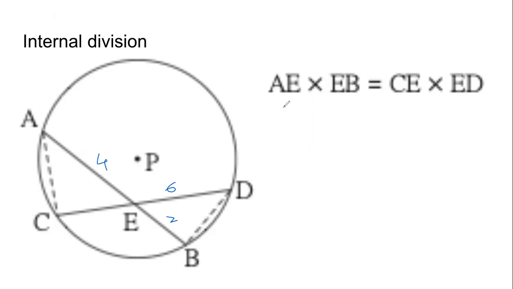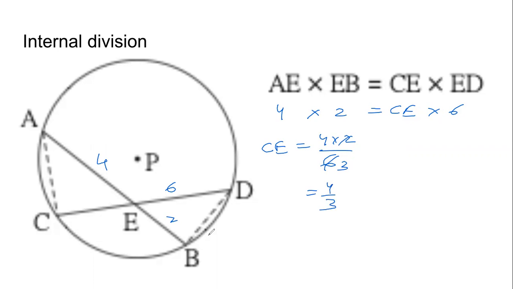So using this theorem, we can say 4 into 2 equals CE into 6. So we can calculate CE equals 4 into 2 by 6, which is 4 by 3. That is it. Any doubt in this explanation? What is happening in the theory? This is what is happening.